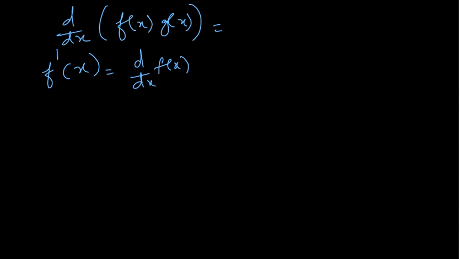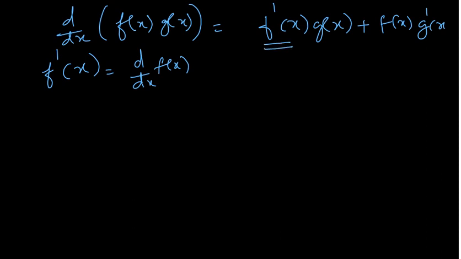So the answer is f dash x g x plus f of x g dash x. So what is it saying? Differentiate the first function, multiply with the second function, then keep the first function same, don't differentiate, and multiply with the second differentiation. I'll give you an example.